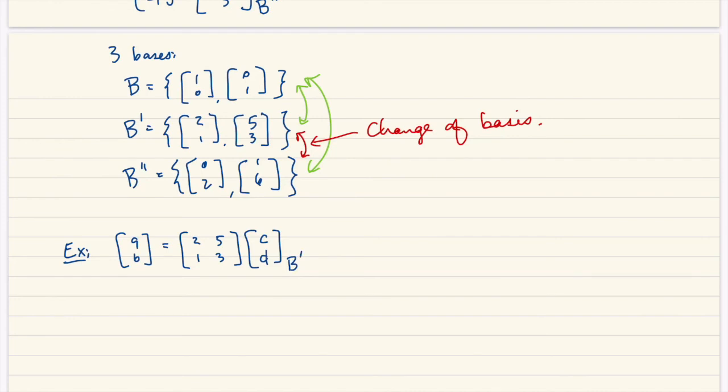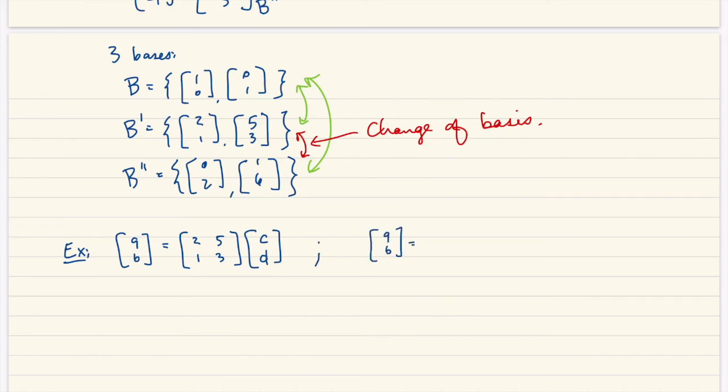So what we wanted to do was write AB in this form.